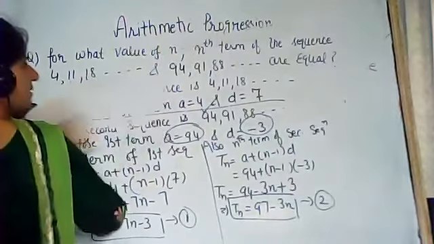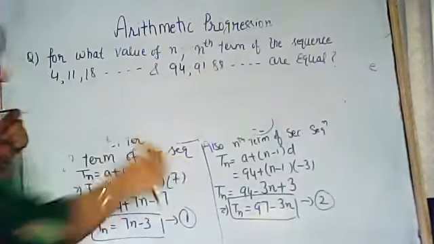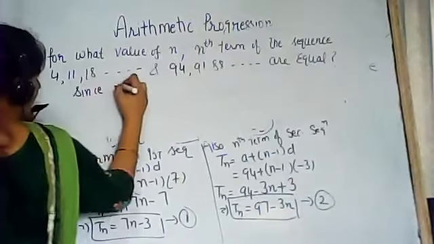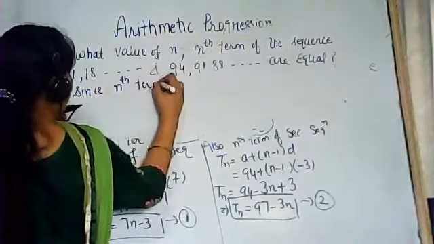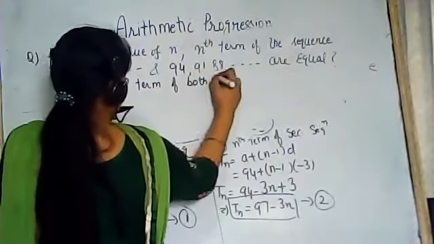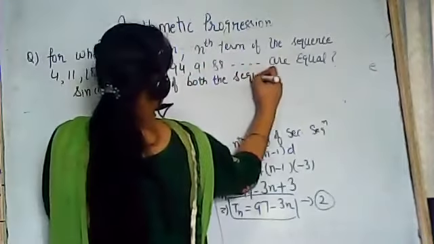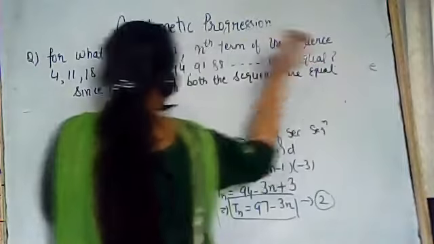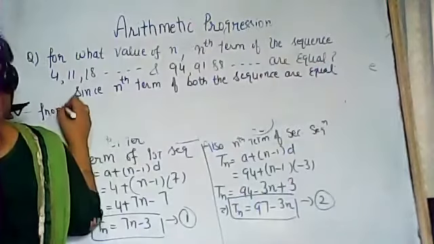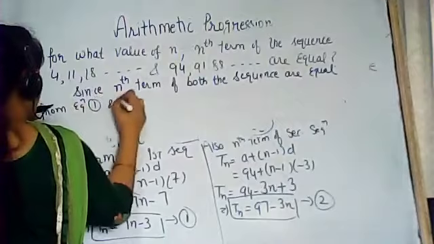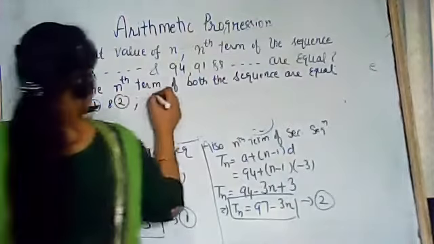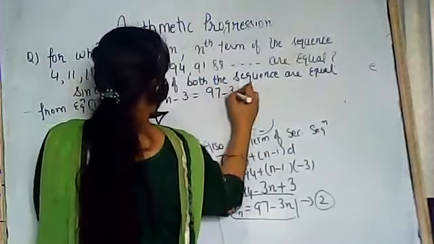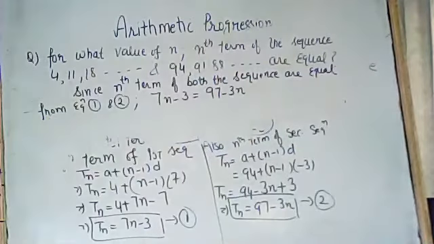So now what we have to discuss? Since the nth term of both the sequences are equal, so from equation number 1 and 2, we have 7n minus 3 equals 97 minus 3n.